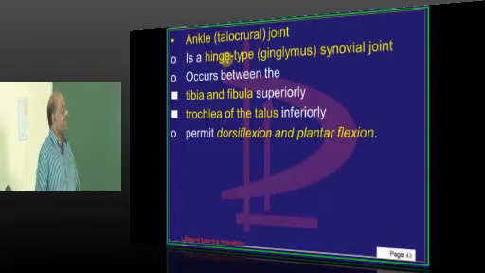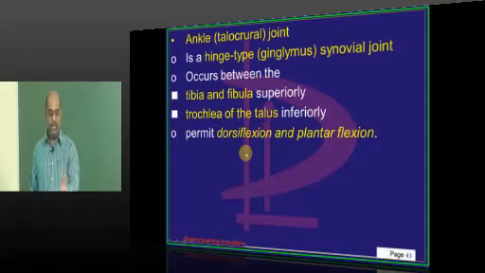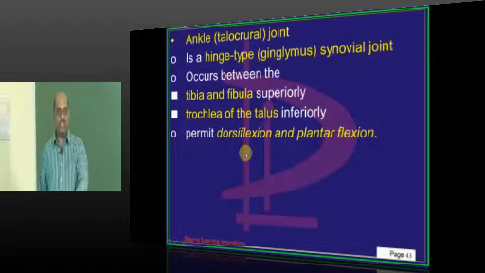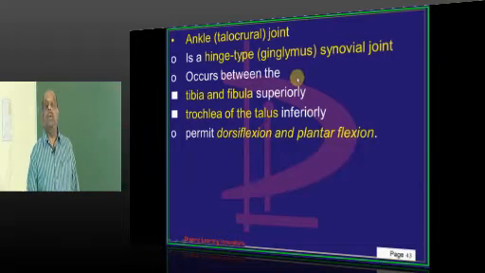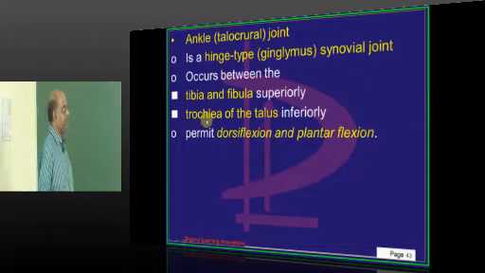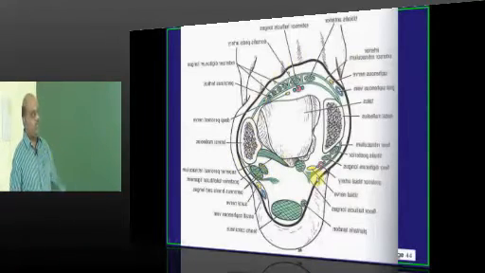Now comes the ankle. What kind of joint is the ankle? Move your ankle like a hinge, you can move it. So the ankle is a synovial joint, hinge type. Who participates in the ankle joint, doctor?